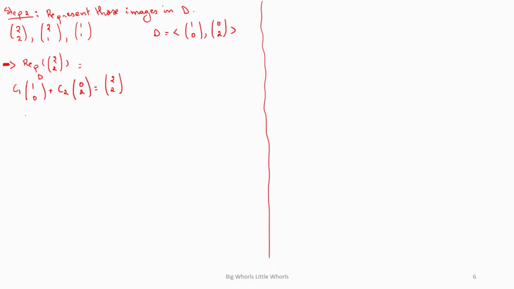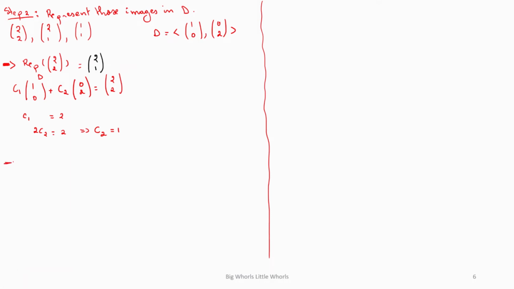So we have C1 equals 2, and 2C2 equals 2. That means C2 equals 1. Therefore, the representation of 2, 2 with respect to D is C1, C2. So it's 2, 1.